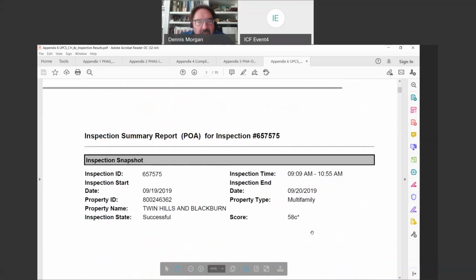This property here scored a 58 C star. What is that telling me? Well, it's a multifamily. The 58 means not so good, going to be back next year. The C means I have at least one life-threatening deficiency, and the star means I have at least one smoke detector deficiency as well.